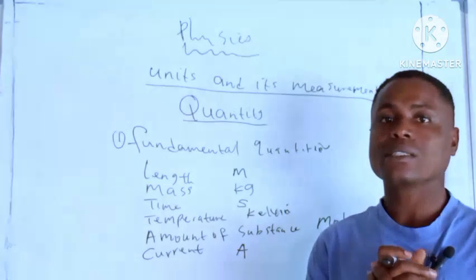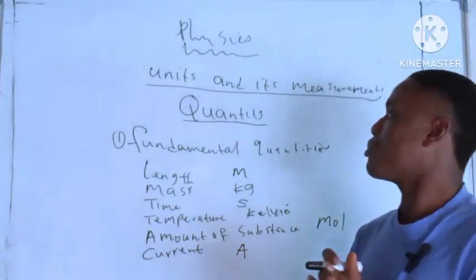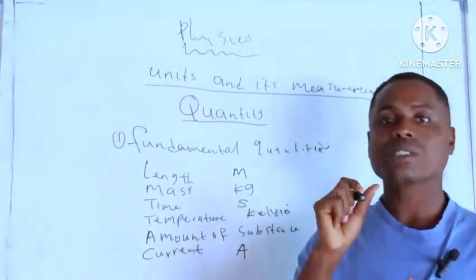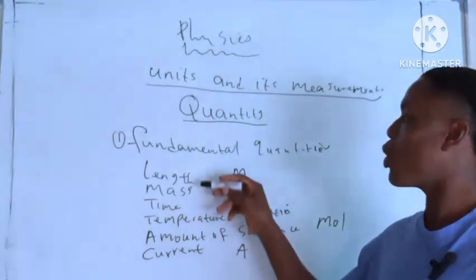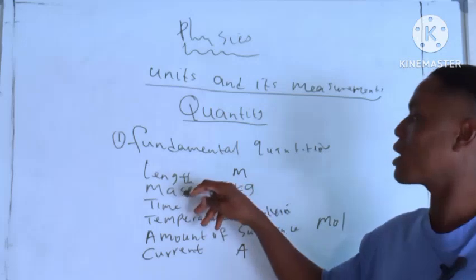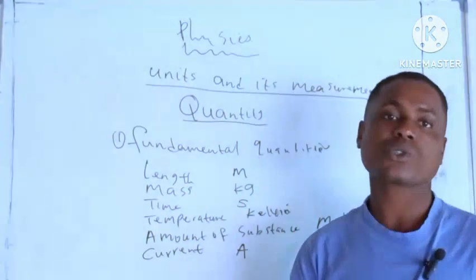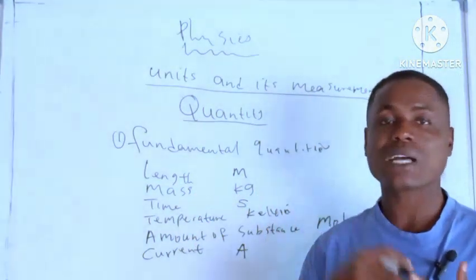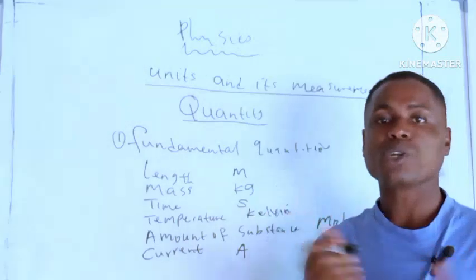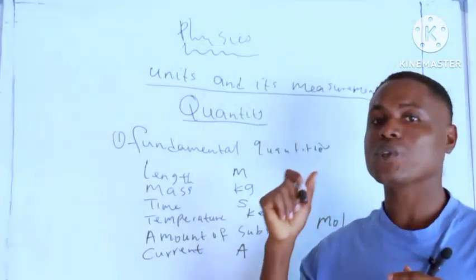Now understand this, take note of this. When I mention quantity, I'm referring to all these ones like length, mass, time, temperature, amount of substance, current, velocity, acceleration, impulse, momentum, energy, voltage, anyone you can remember.